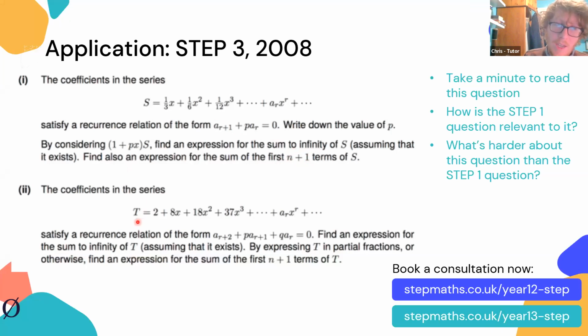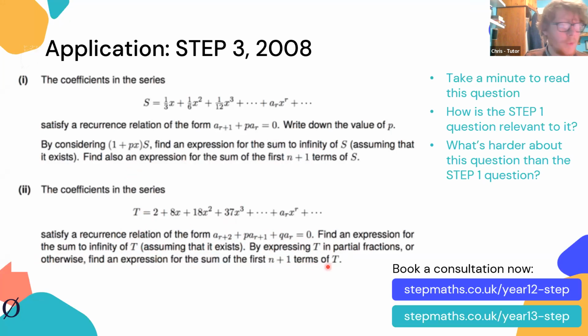Now we've got a series T, with terms 2 plus 8x plus 18x squared plus 37x cubed, etc. They satisfy a recurrence of the form a_(r+2) plus p times a_(r+1) plus q times a_r equals 0. We're asked to find the sum to infinity of T again, and then it says by expressing T in partial fractions or otherwise. So here you see that "or otherwise" we mentioned before. Find an expression for the sum of the first n plus 1 terms.